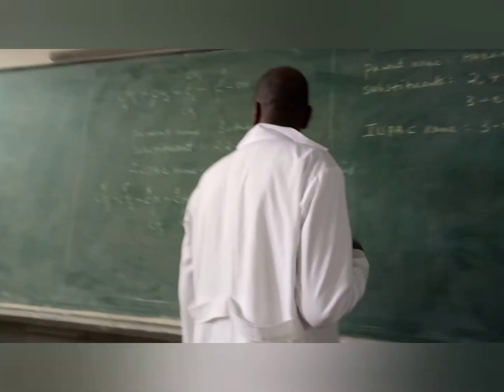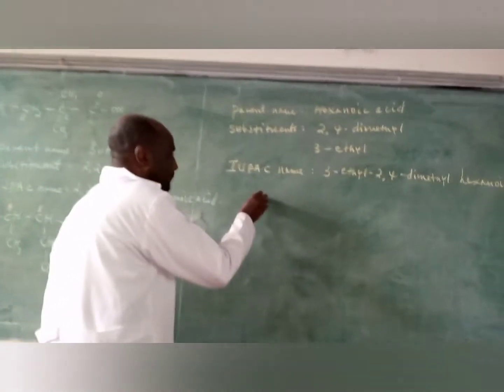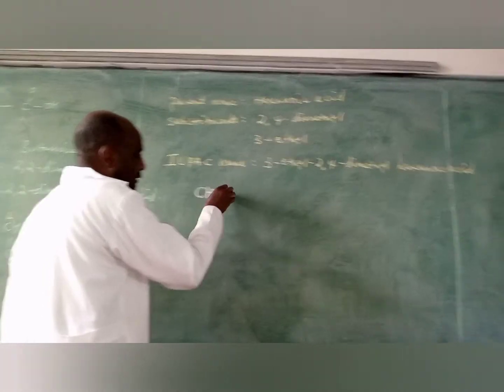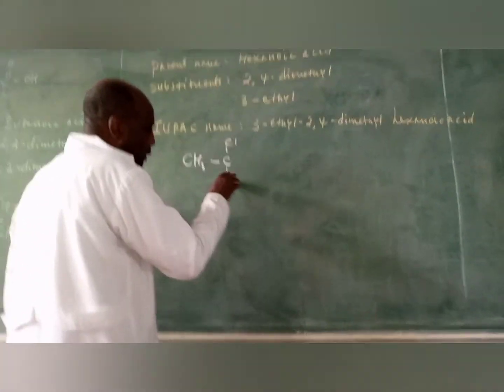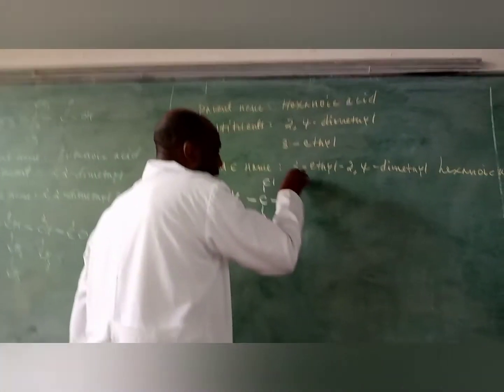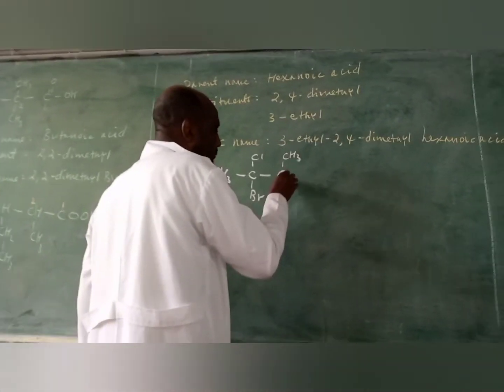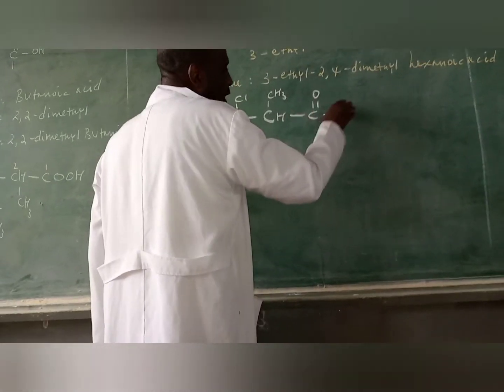You can add more examples by having different substituents. Halogens can also be a substituent. For example, let's say here we have chlorine. Let's say this is the bromine, and this is another substituent, and this is the organic, the functional group.